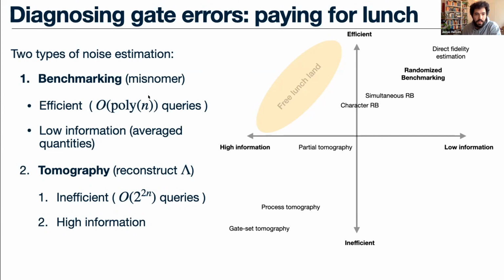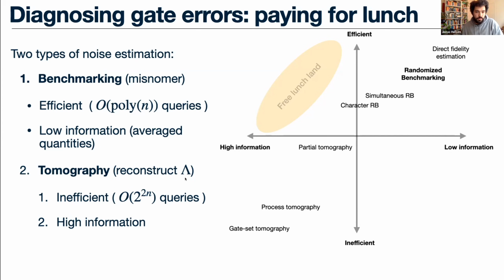And then on the other hand, you have tomographic methods. They take the complete opposite approach. There, your goal is to get extremely detailed information. For instance, by carefully inputting states and measuring, you're going to try and reconstruct every element of this giant matrix.